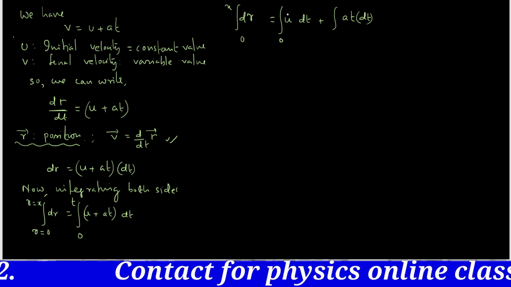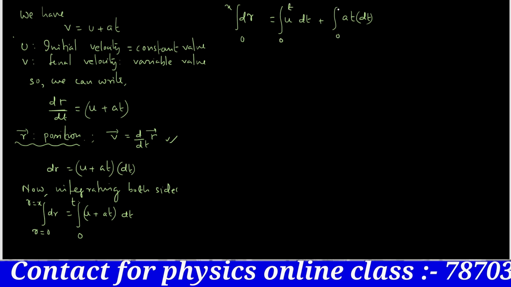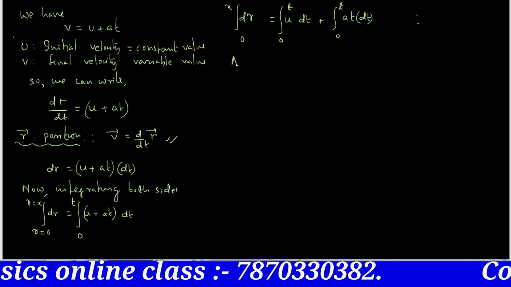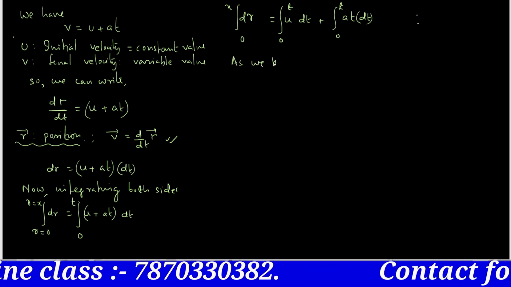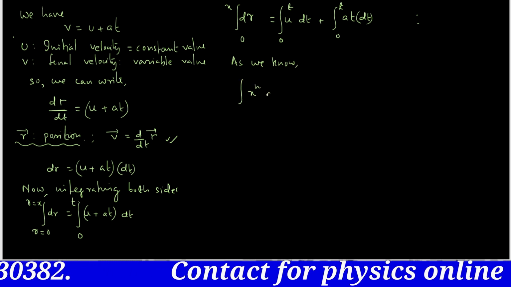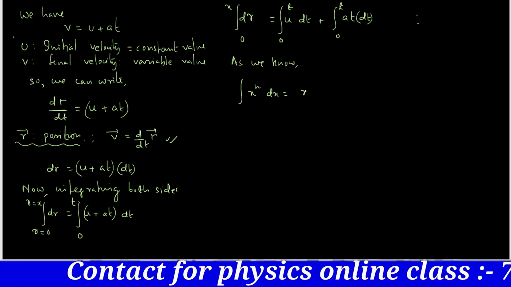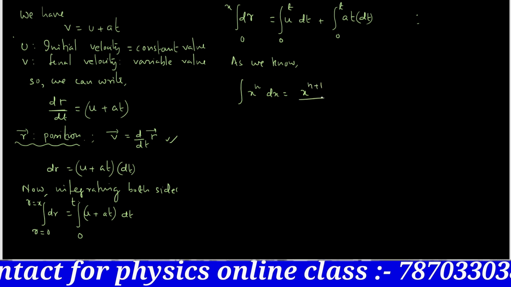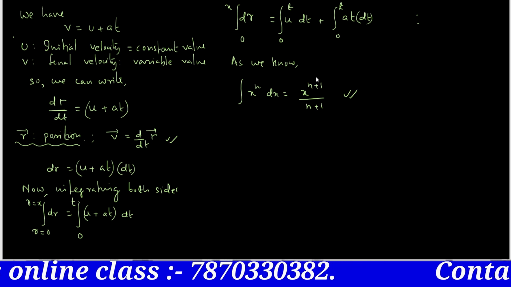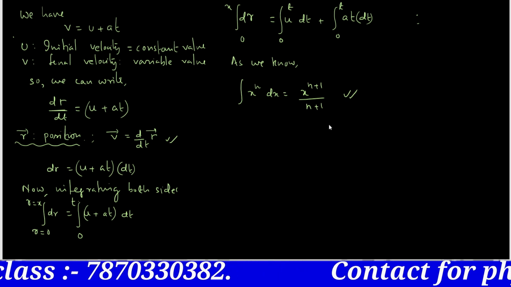Lower limit is 0 and upper limit is t. And as we know, integral x to the power n dx will be equal to x to the power n plus 1 divided by n plus 1. Yes or no? Do you know this? Yes, I understood this.